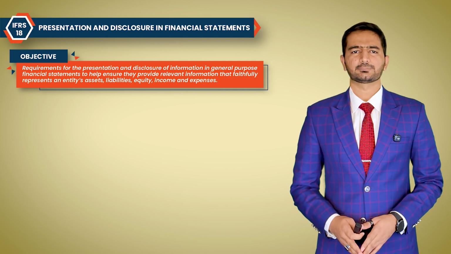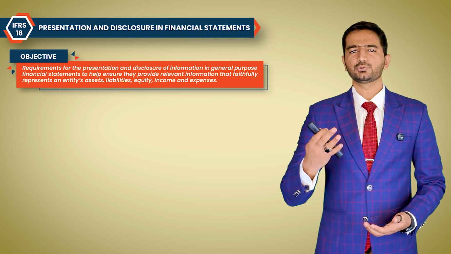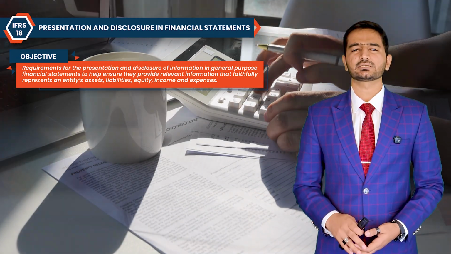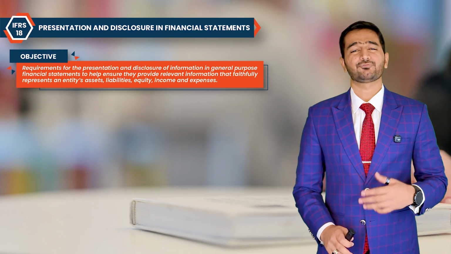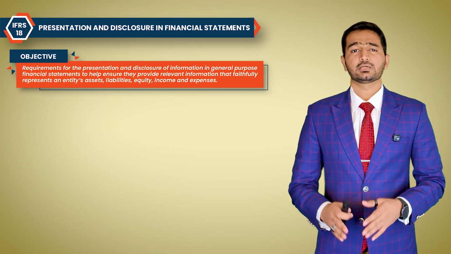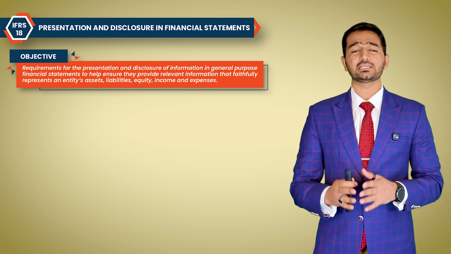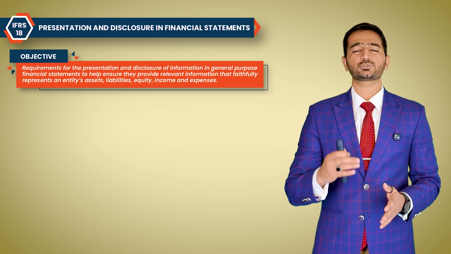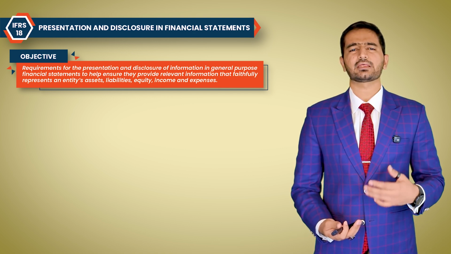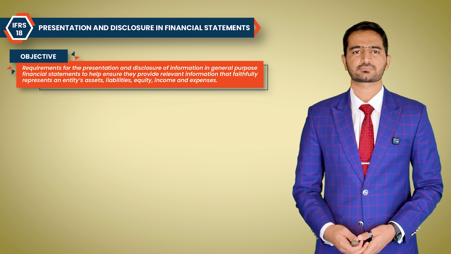Let me put it another way. Imagine you are preparing financial statement for a company. You have done the accounting, closed the books, finalized the numbers. But what's next? Well, now you need to present those numbers in a way that makes sense to your audience, that is investors, creditors, regulators, or anyone interested in your business.